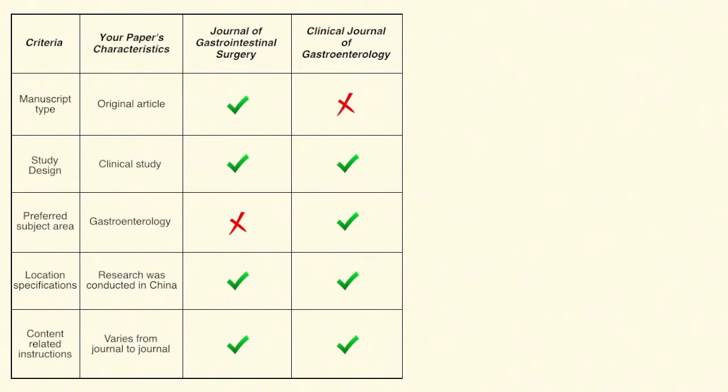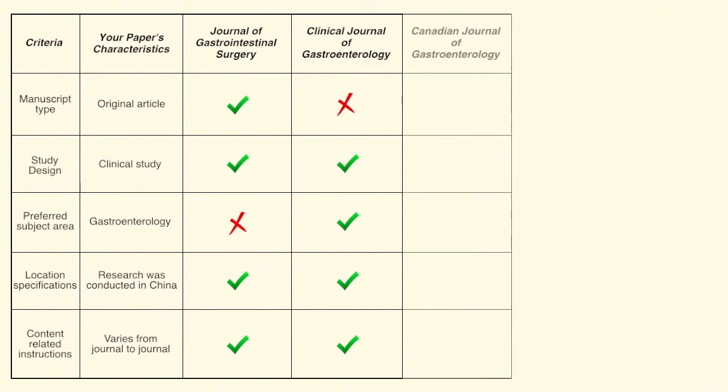So let's move on to the third journal, and this is the Canadian Journal of Gastroenterology. This journal publishes original research, clinical studies. Subject area is a match, gastroenterology. Content-related instructions also match. But the journal publishes Canadian research. That's what the journal prefers.